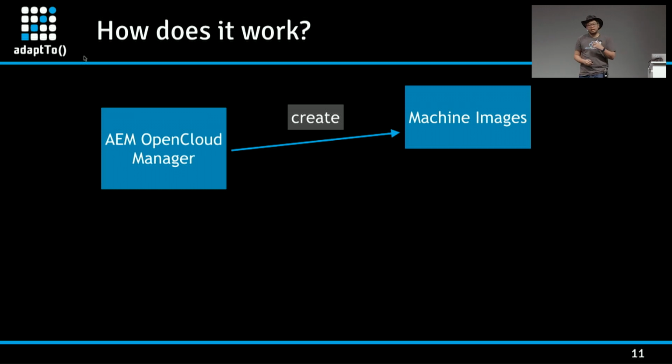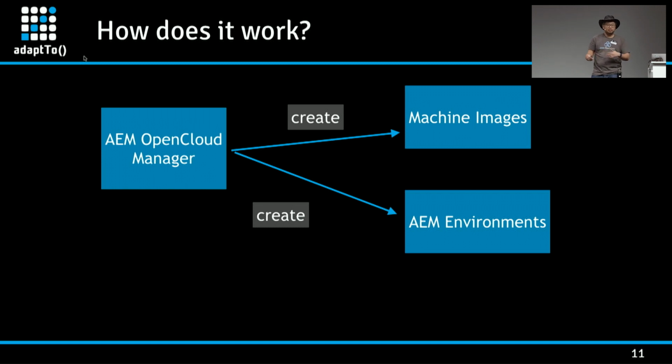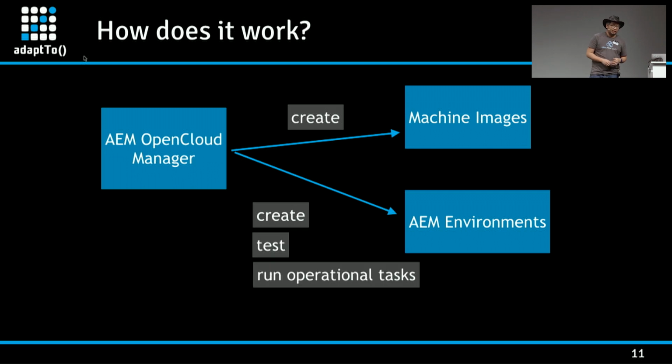Then using those AMIs, you can create AEM environments, with a combination of 6.2, 6.3, 6.4, 6.5 that you want. Then you can run various tests against the environments. And you can run operational tasks against the environments, like deploying, flushing the cache, enabling or disabling CRXDE, anything on demand.